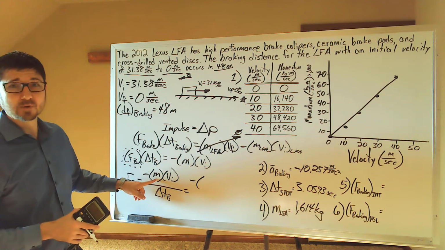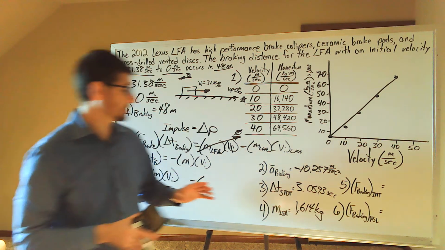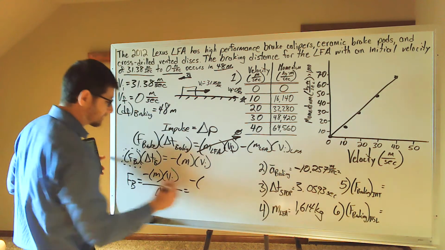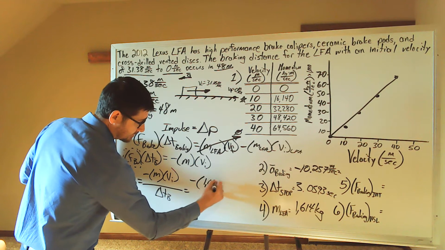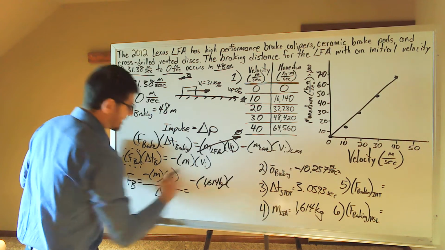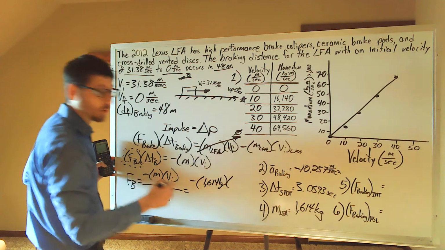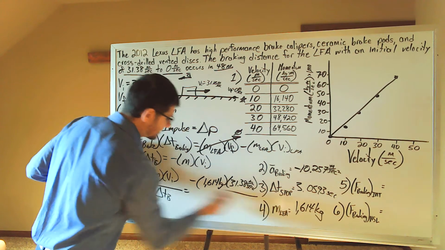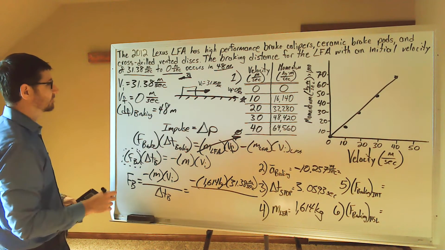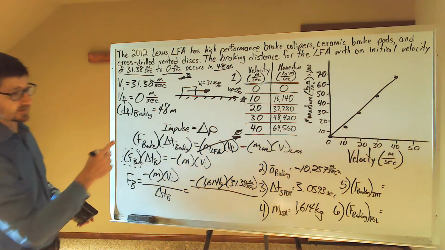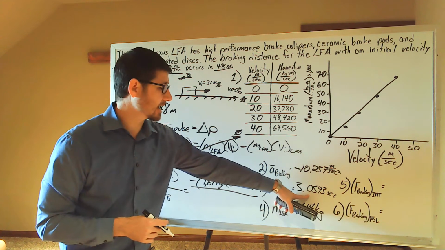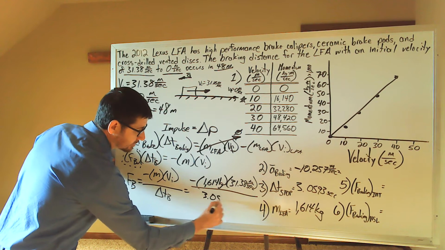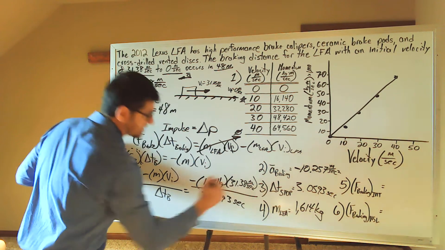Okay, so this is going to equal a negative. Now for mass, we're going to have to use the calculated value from the previous problem. So 1,614 kilograms. Our initial velocity, 31.38 meters per second, and we're dividing by the time of braking, which is, we're going to use our calculated value, 3.0593 seconds.